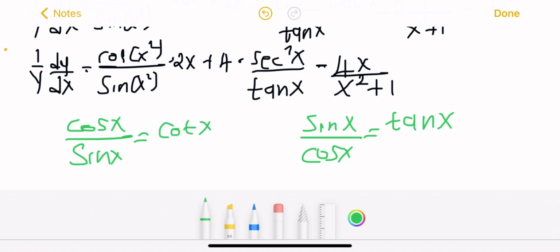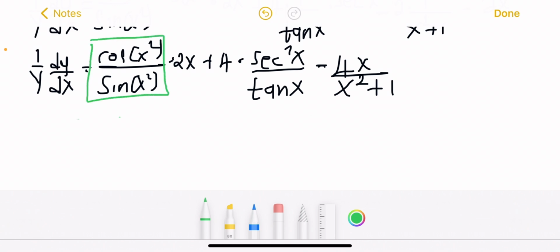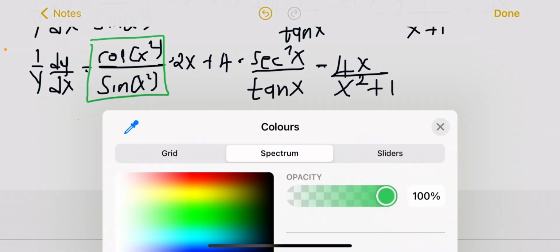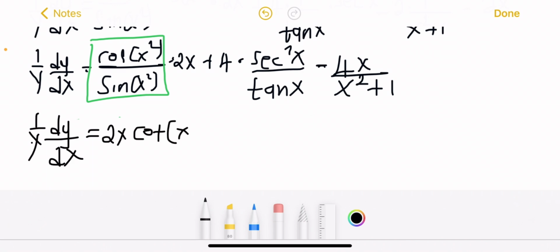So we can do that substitution. This means that 1 over y dy over dx is equal to 2x cot of x squared, plus. Now we come to this one.